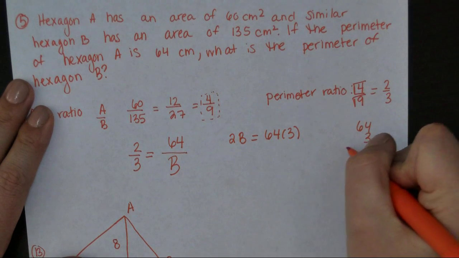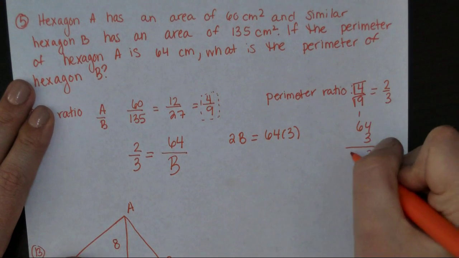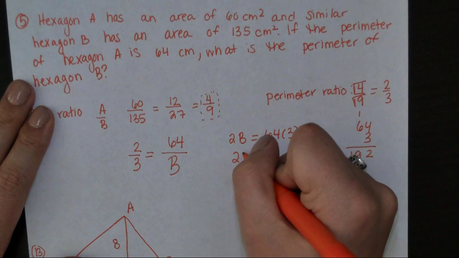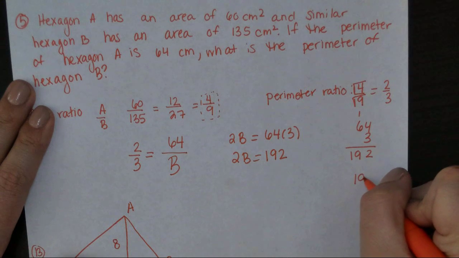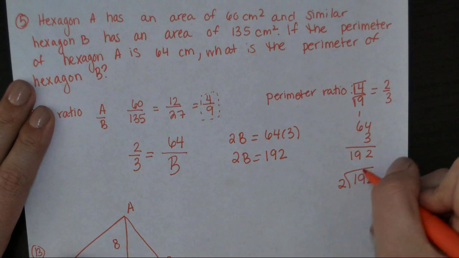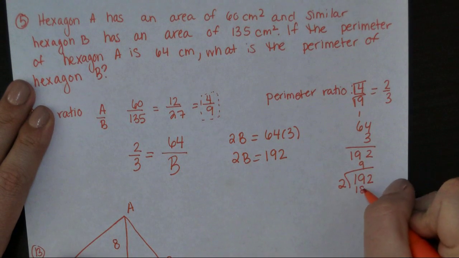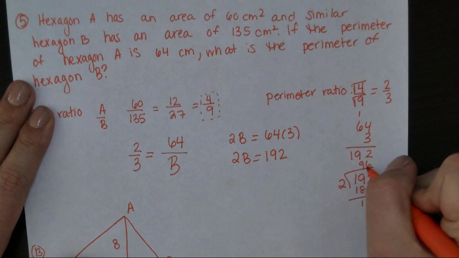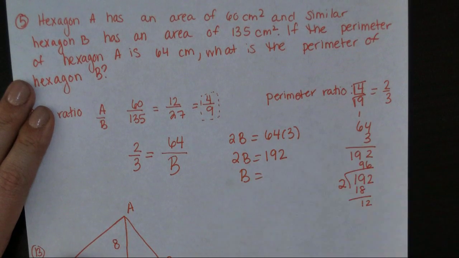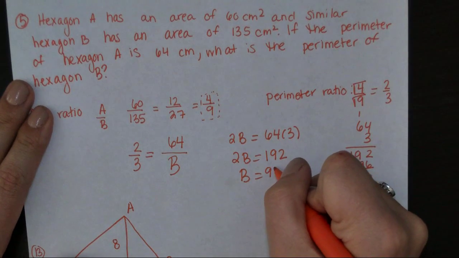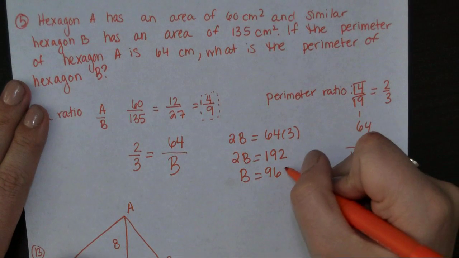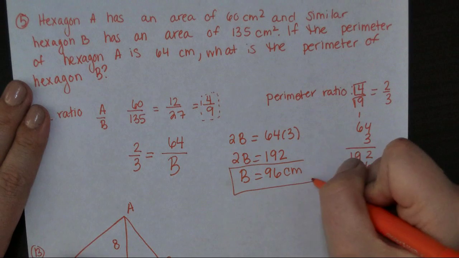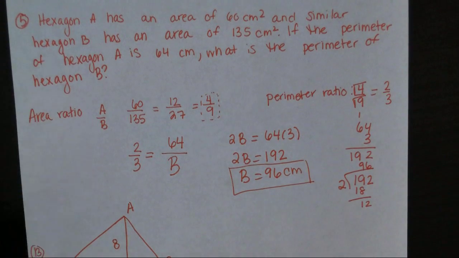Okay, 64 times 3 is 192. And 192 chopped in half is 96. So the perimeter of hexagon B is 96 centimeters. Okay, that right there is the final answer.